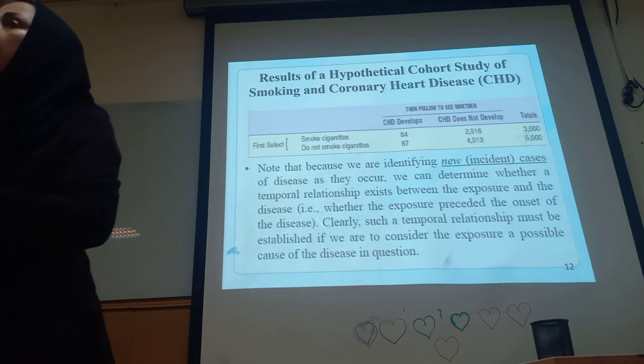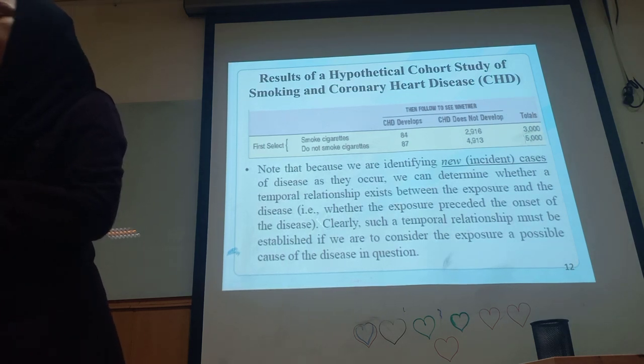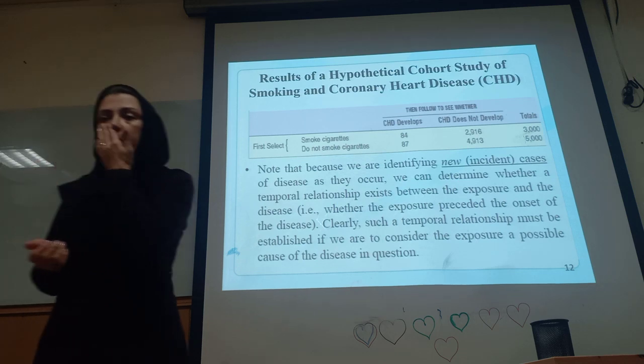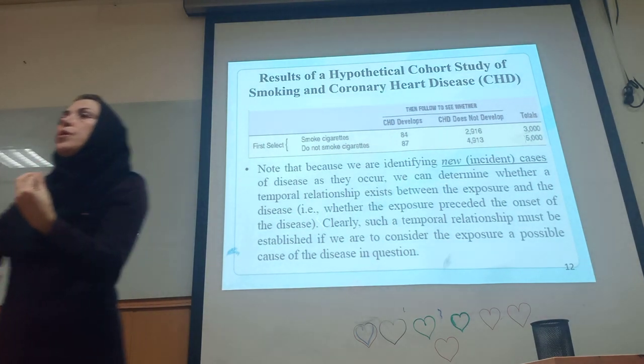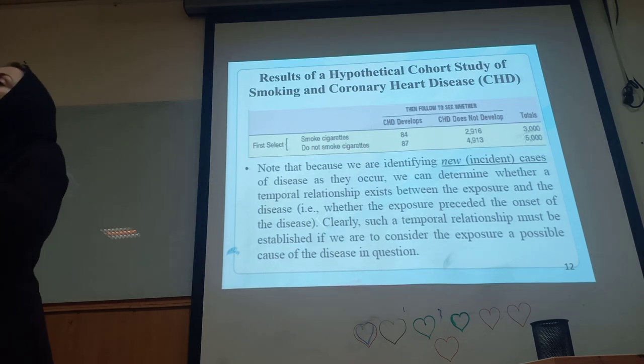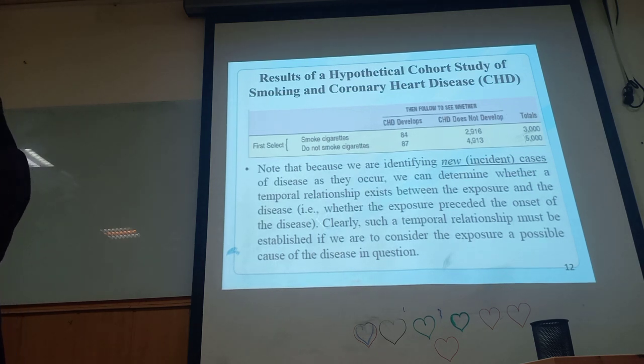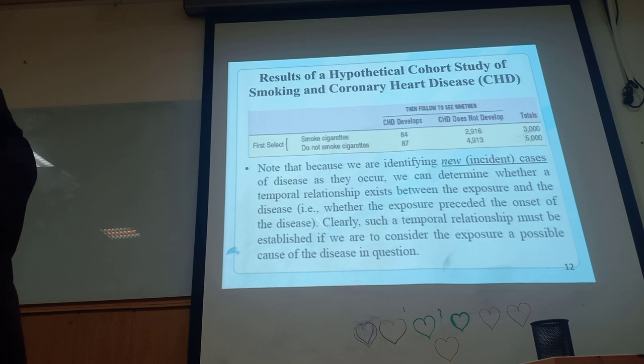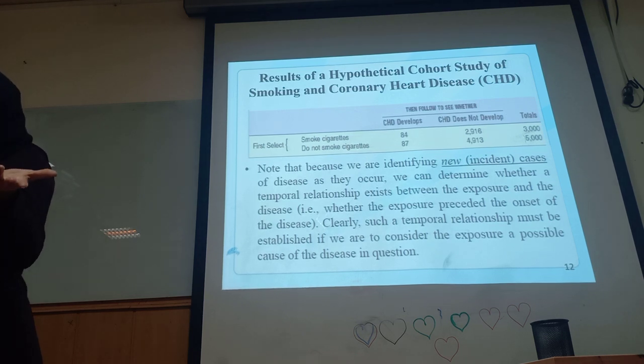So what was causality? You want to know that, for example, a risk factor is a cause of disease. For example, smoking is a cause of obesity. Is it a cause or does it just have association?